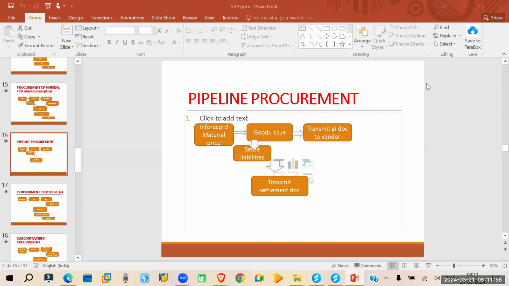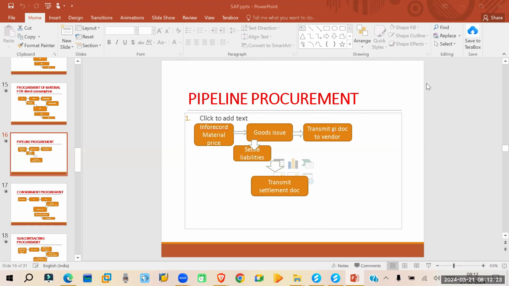Let's say for electricity, Tata Power is saying they will provide you electricity at 2 rupees or 3 rupees or 5 rupees, at which time and for how much time they will give. Let's say there will be some validity period or something like that. These kinds of things will be maintained in the info record.